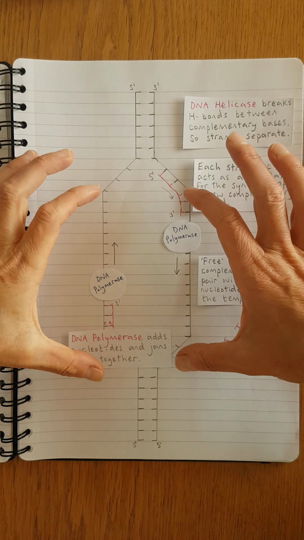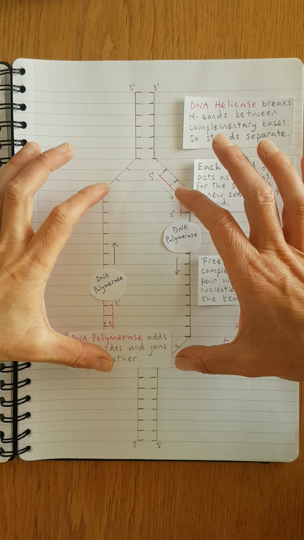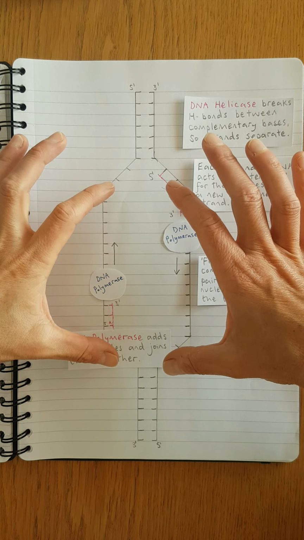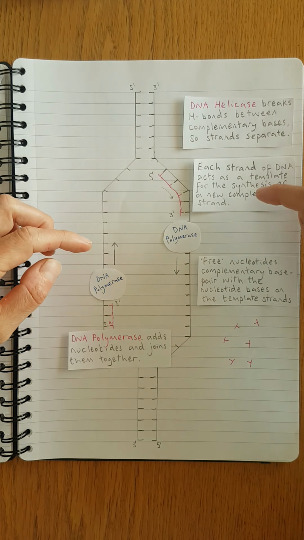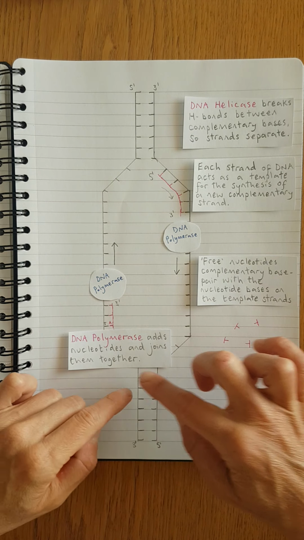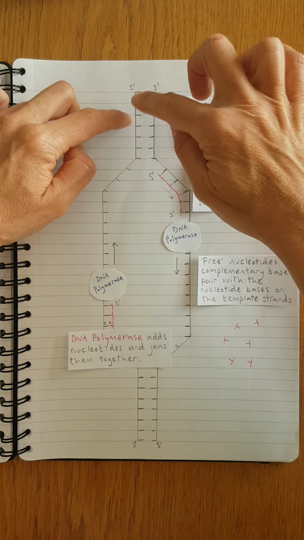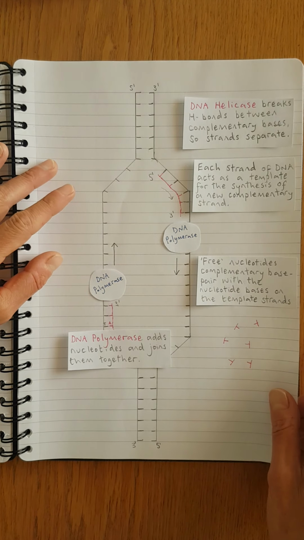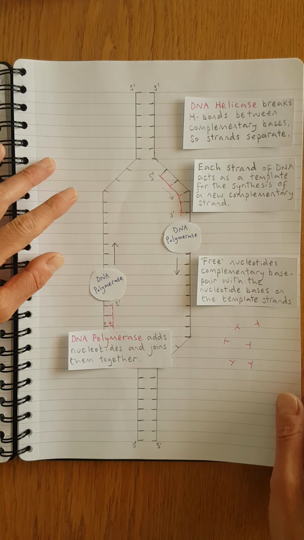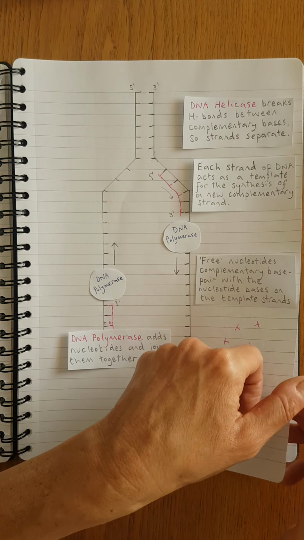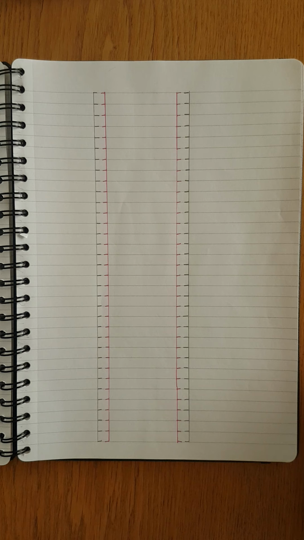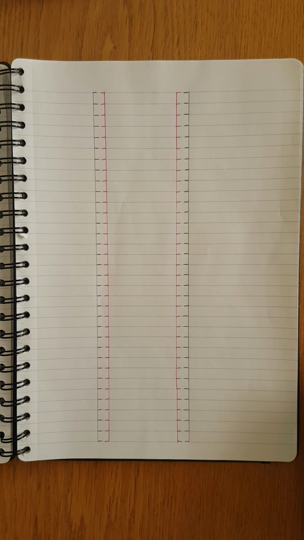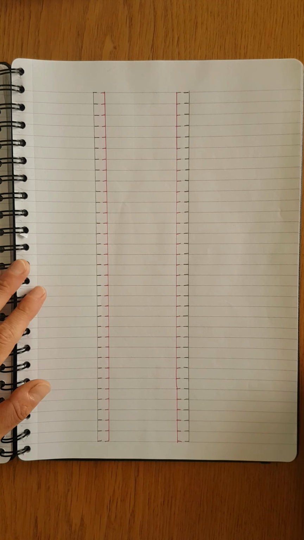So once this section of the chromosome has been copied, then the same series of stages will happen at this section and at this section until the whole chromosome has been copied. And you'll end up with something that looks like this. So we have two identical DNA molecules.